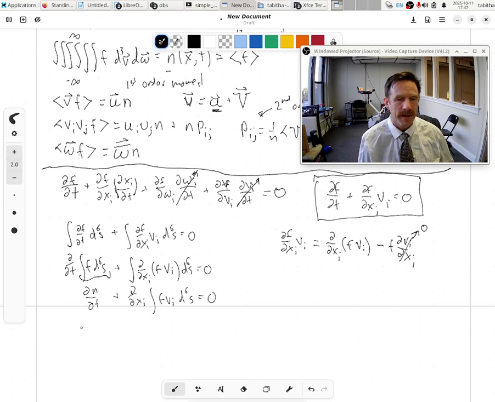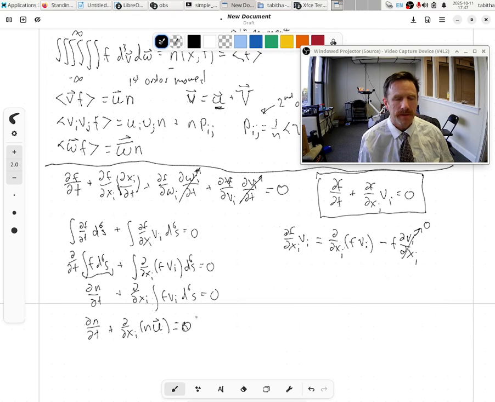And this is nothing other than our first order moment of the velocity, average velocity. So we have d by dxi of what we're calling n times u.